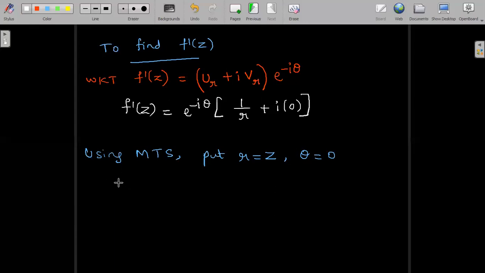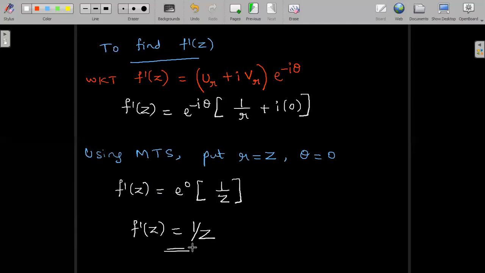Substituting these, we can obtain f dash of z as a function of z. So f dash of z will be e power 0, since the theta value is 0, into 1 by z. e power 0 is 1, so 1 into 1 by z gives us 1 by z itself. So we obtained f dash of z as a function of z, and the answer is 1 by z.